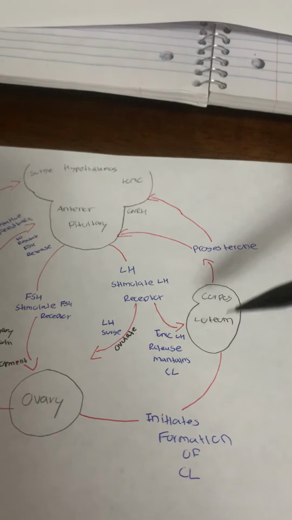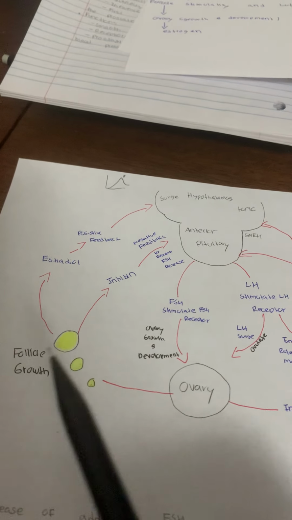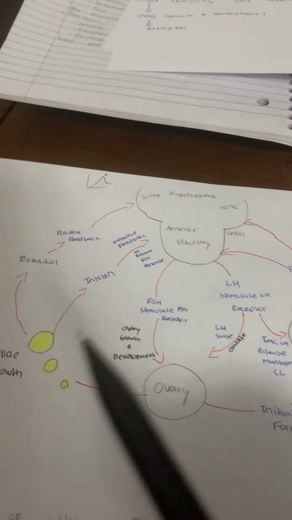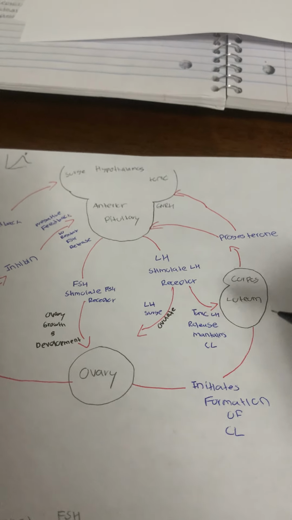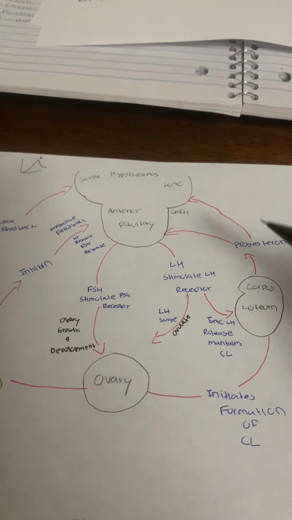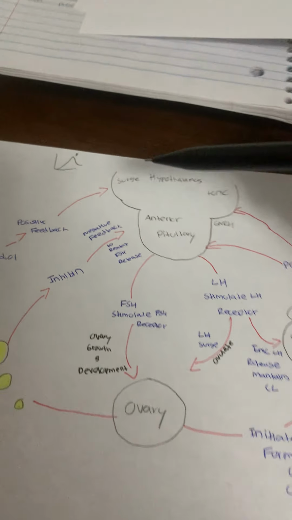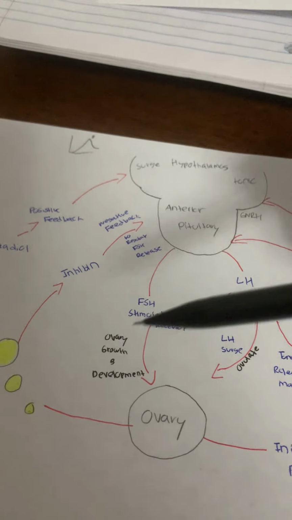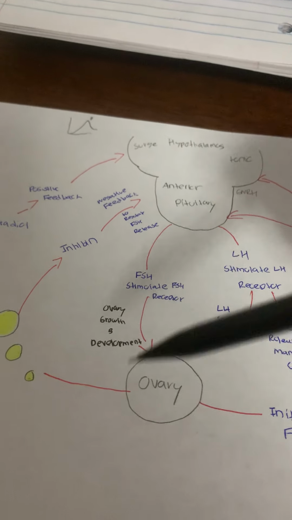And with this forming, we aren't going to have any of this here, like our follicle growth; instead of becoming a follicle, it became our corpus luteum. When this starts to die down and disappears, we're going to have our FSH be stimulated instead, which in turn does our ovary growth and development, which we have here.